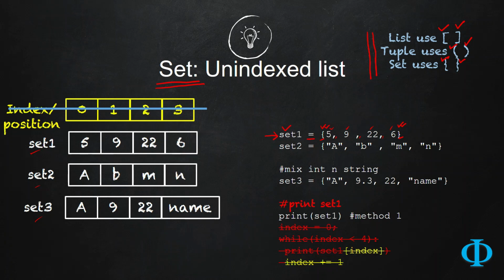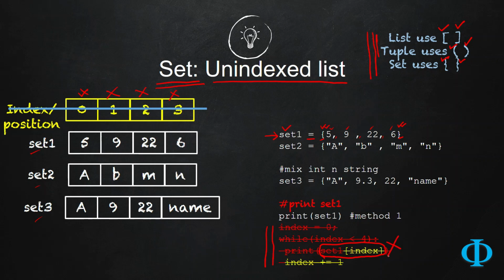But the actual difference between set and other types like list or tuple is that set is actually an unindexed collection. That means you do not have any indexing like this in set. And since there is no index, you really cannot access each of the elements using the set name followed by this index.